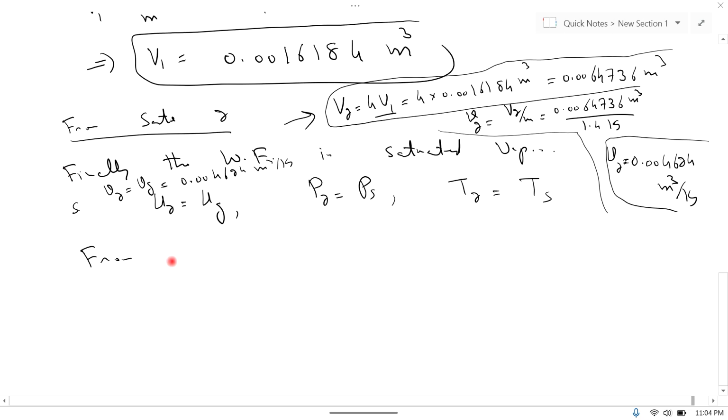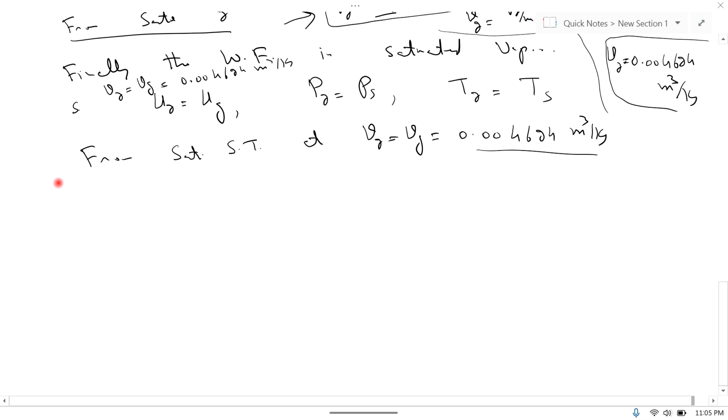So from the saturated steam table, at V2 equal to Vg equal to 0.004624 meter cube per kg, find temperature, pressure and internal energy. This volume is not available in the table, so we will do interpolation.